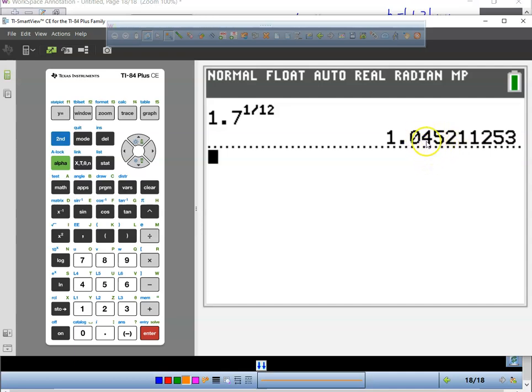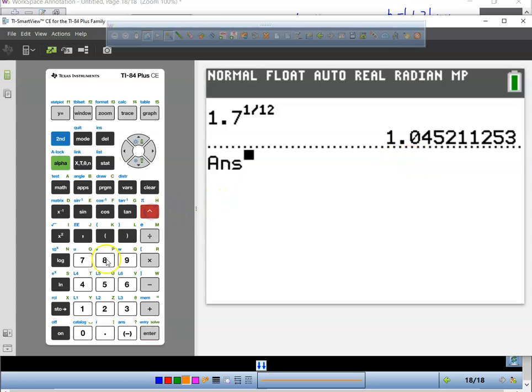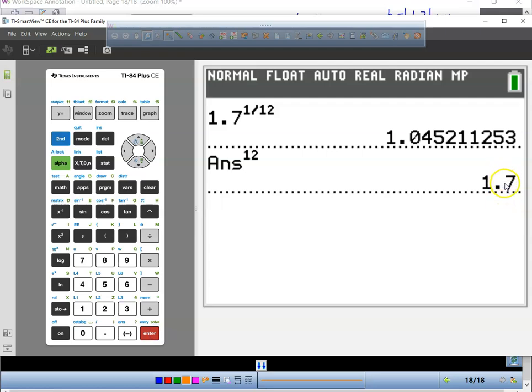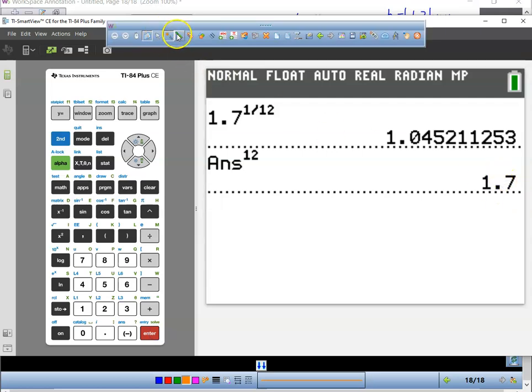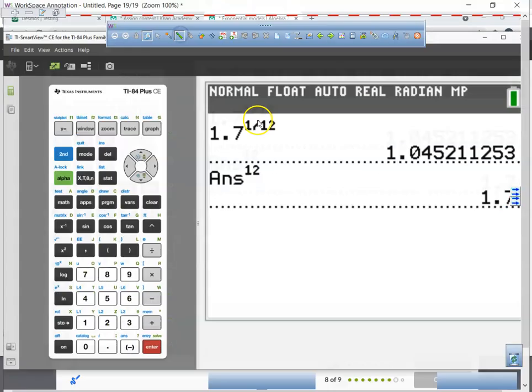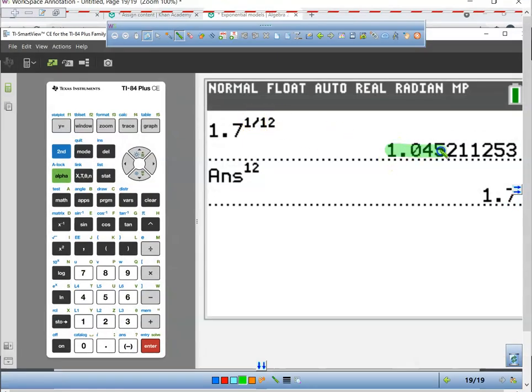Now take that decimal. If that's your monthly rate, how many months are there in a year? 12, right? If I raise that to the power of 12, look what it gets me back to: 1.7. So in your journal, write this down next to this: 1.045.